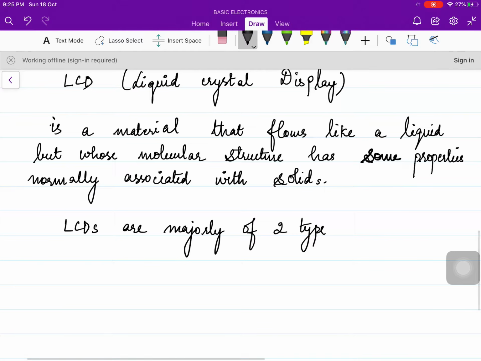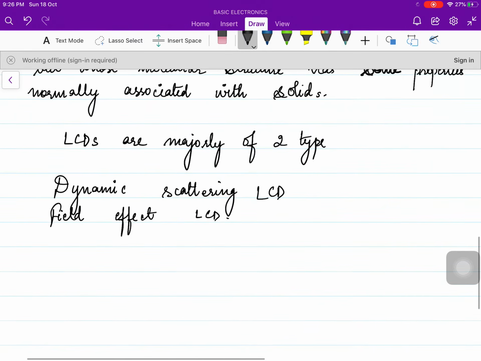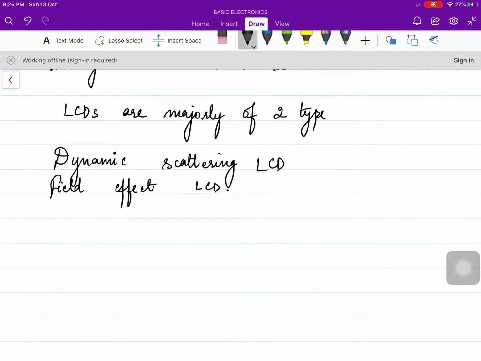One is dynamic scattering LCD, and the other is field effect LCD. So these are majorly of two types, that is field effect LCD and dynamic scattering LCD.